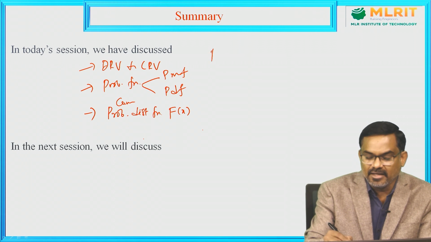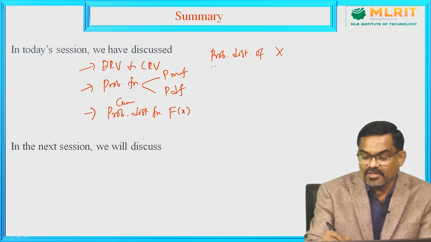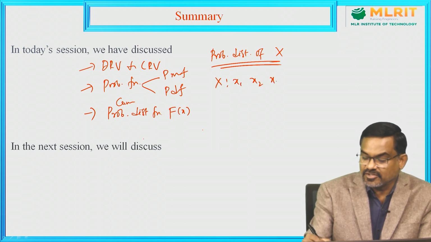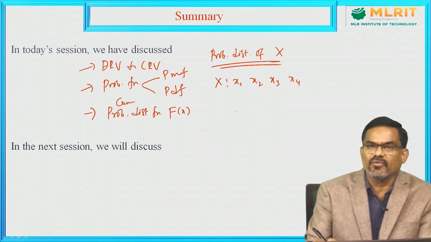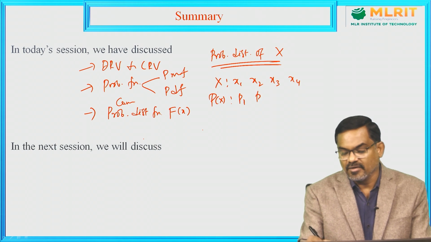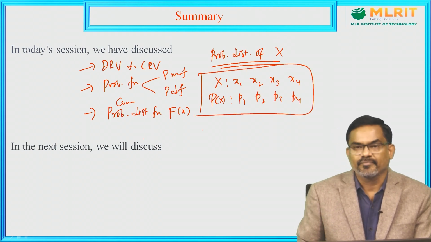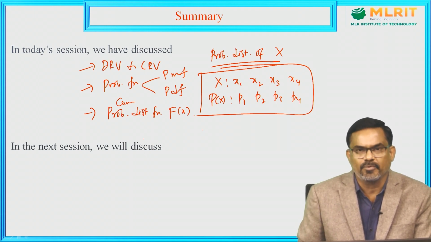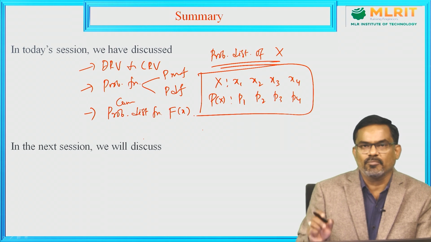If capital X values are given, for example, x1, x2, x3, x4, there are 4 values for x, let us calculate the corresponding probabilities and form a table with all these values. The first row denotes the random variable values, the second row denotes the corresponding probabilities. So, this is called probability distribution.